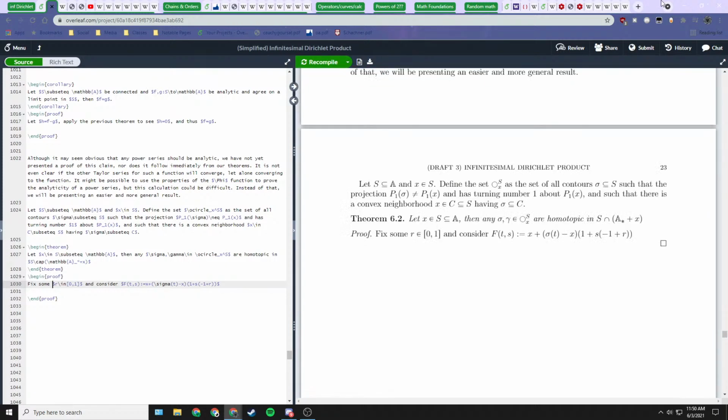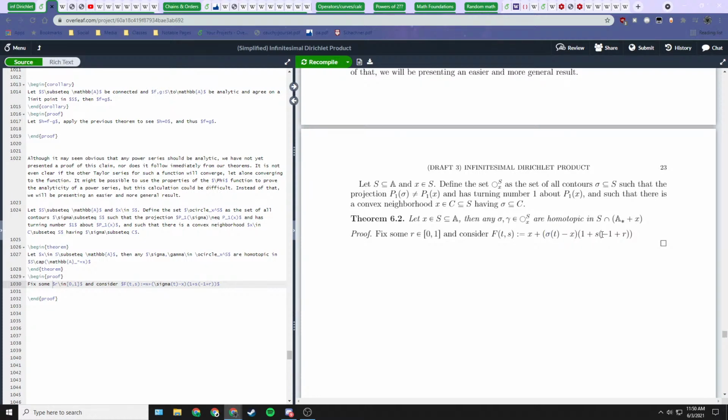Okay, so let's see, how's this going to work? We have x plus this difference from sigma t to x. If this coefficient is 1, then we'll just get sigma. And if it's 0, then we just get x. So that's scaling down the difference between sigma and x, linearly transferring from x to sigma. So at 0 it's x, and at 1 it's sigma.